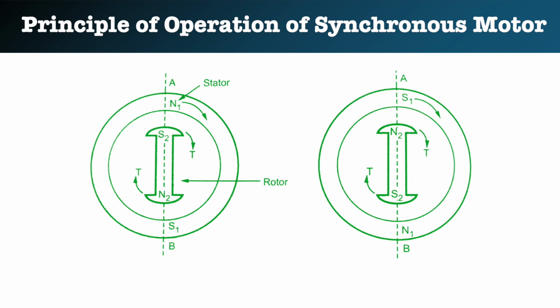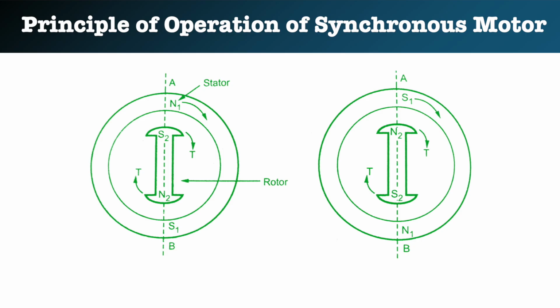In such a condition, the two magnets are said to be magnetically locked. If now one of the magnets is rotated, the other also rotates in the same direction with the same speed due to the force of attraction, that is due to the magnetic locking condition. The principle is shown schematically. You can have a look at it.